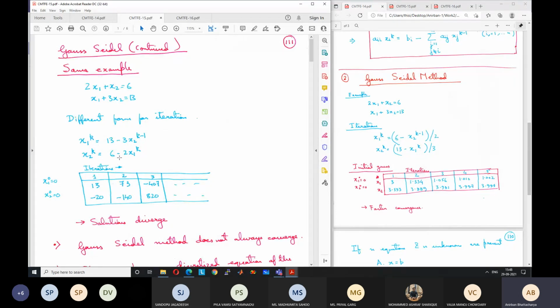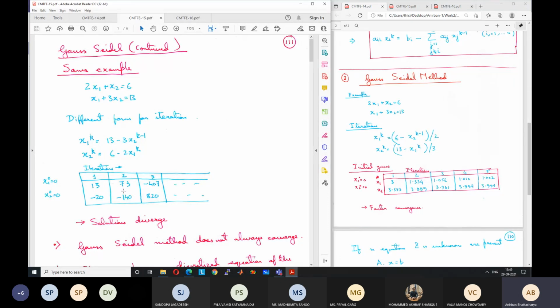So 6 minus 26, so minus 20. Okay. So now the new value is minus 20. So 13 minus (minus 20) into 3. So this is 73. Okay. Similarly, now if you put here, it will be 6 minus 2 into 73. So 6 minus 146. It is minus 140.